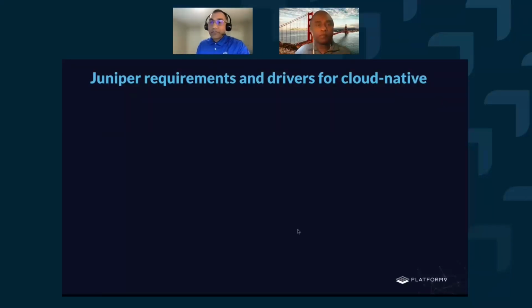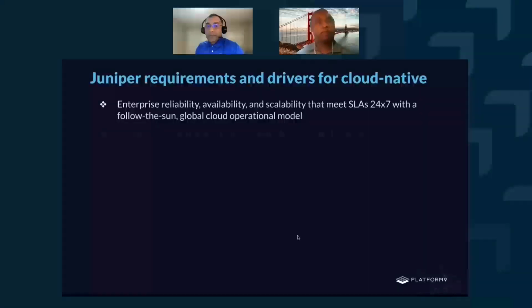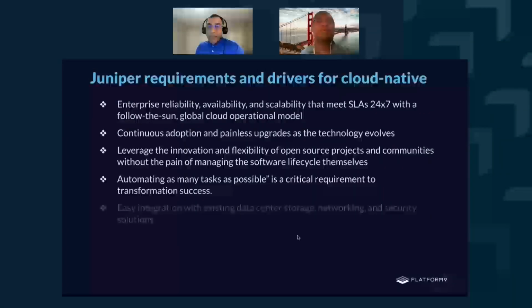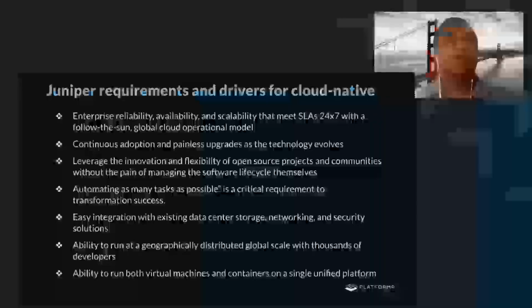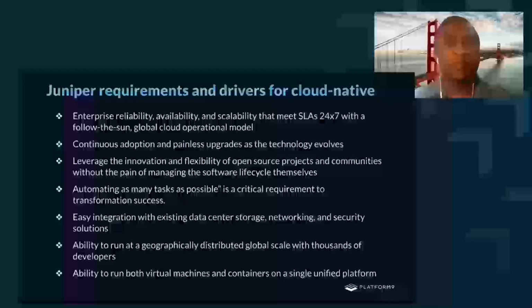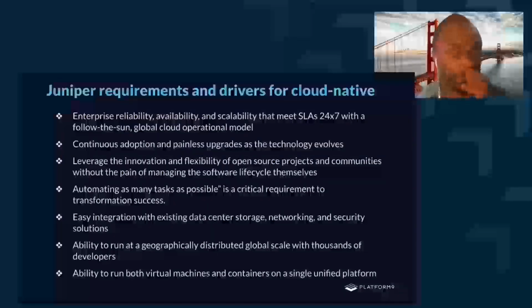Let's start there. Certainly. So enterprise reliability, availability, and scalability are critical for any modern business in today's world, where we need an SLA of 24/7, 4 nines availability, highly scalable, with reliable ability to scale up, scale down, follow the sun model on a global operating model, right?